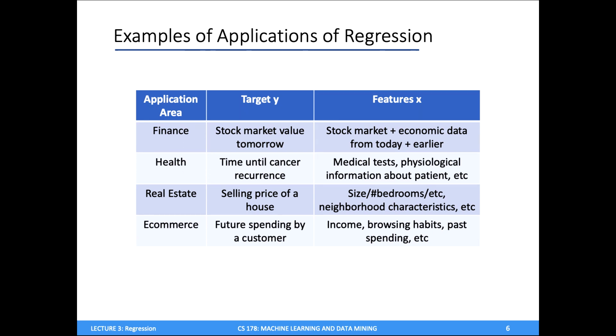If you're interested in a health setting, you might be interested in predicting maybe the time until the reoccurrence of a cancer diagnosis. Here, your features could be some kind of medical data about your patients, so things like test results, physiological information like body weight, height, age, and so on. Just keep in mind that regression is a very general problem, and whenever we're trying to predict just some real number based on some inputs, that's the kind of task we're trying to achieve here with regression.